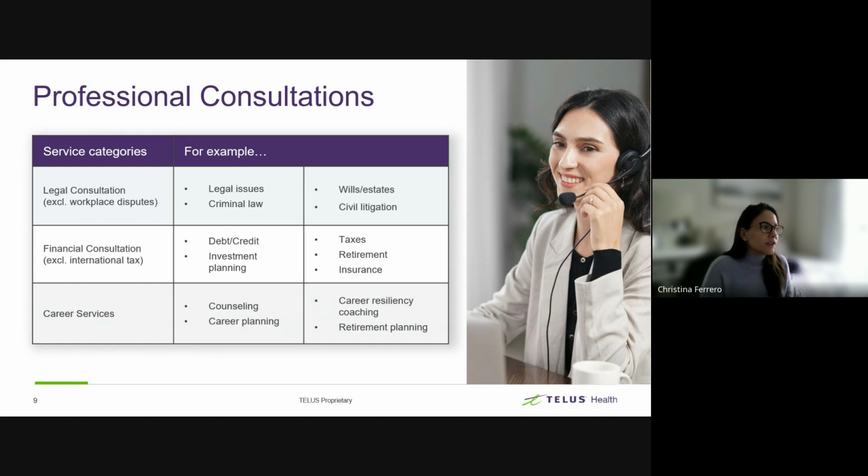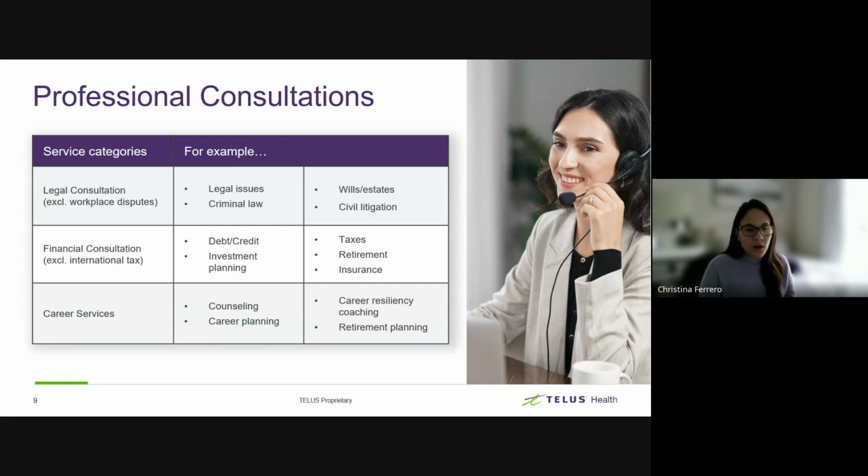So let's say for legal consultations, you're getting a divorce and you have a question and you take up that 40 minutes. If you still require more time with a legal consultation, they will provide a resource in your area that you can connect with if you would like.